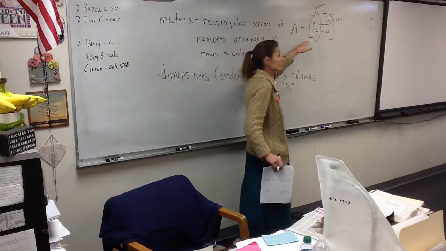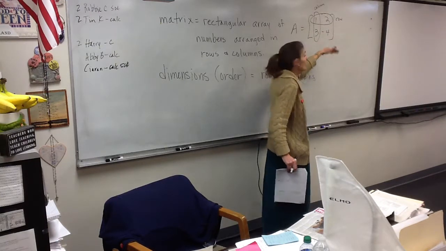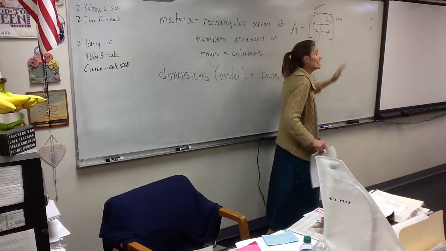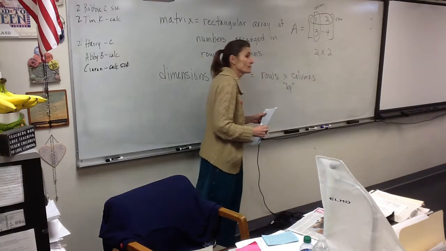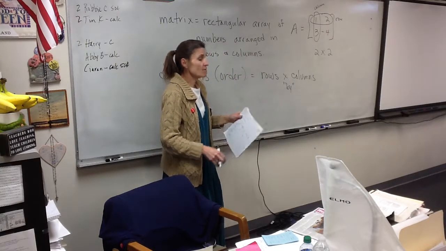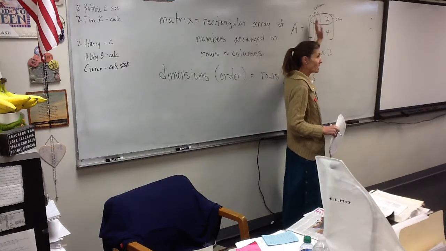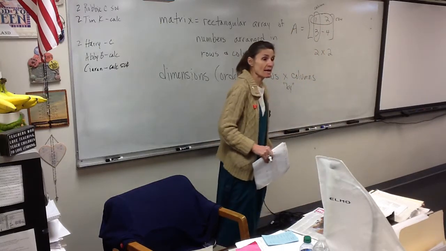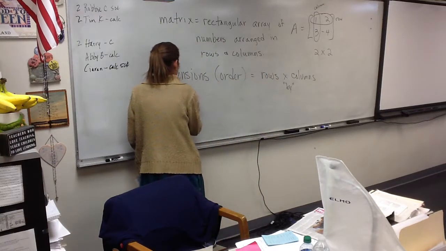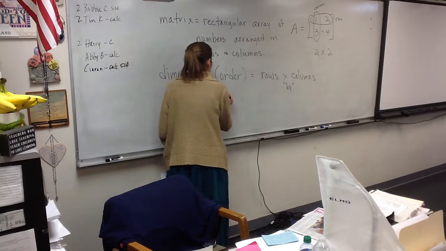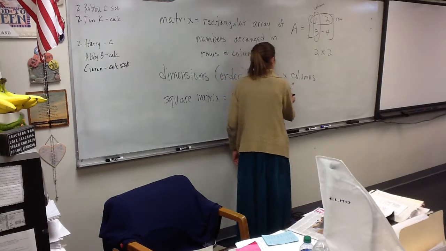So the dimensions of this matrix: how many rows does it have? 2. How many columns? 2. So it's a 2 by 2. When the dimensions match, like they do here, we call that a square matrix. So a square matrix has the same number of rows and columns.